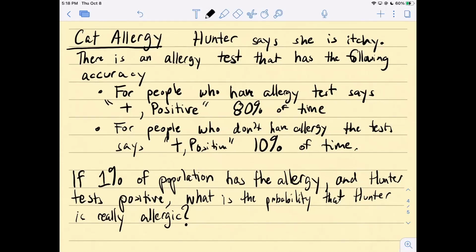So given the fact that cat allergies are fairly rare, 1% of the overall population, and we know that Hunter tested positive, what is the probability that Hunter is really allergic? And this will be the last problem.